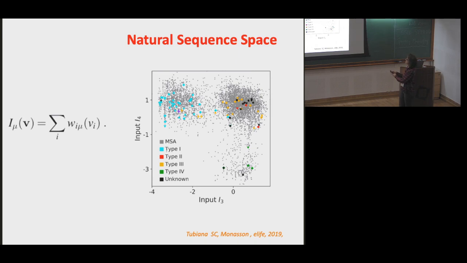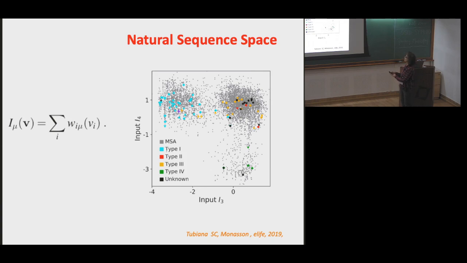You really clusterize more or less the 4 types of sequences. There are types 2 and 3, which are still a little bit together and difficult to distinguish. And then there are the unknown types.